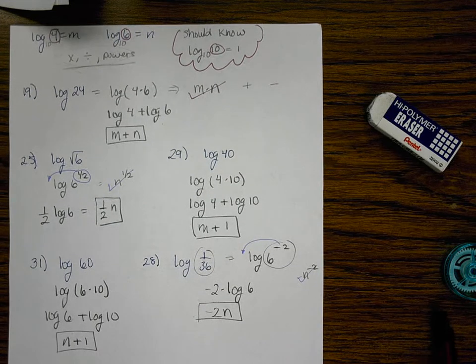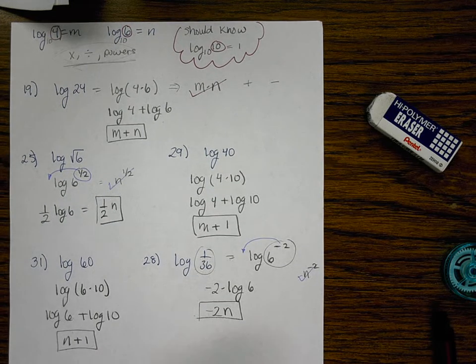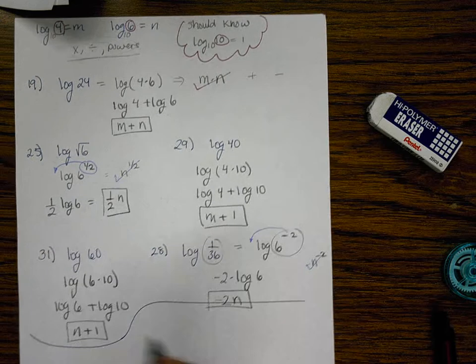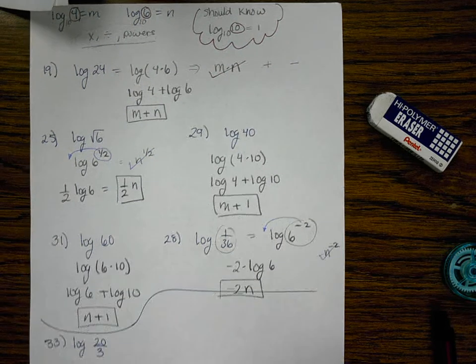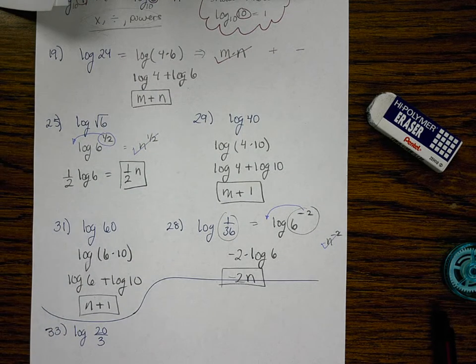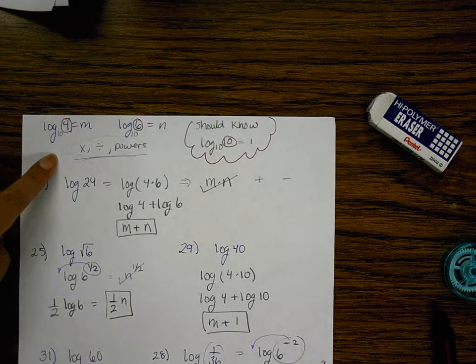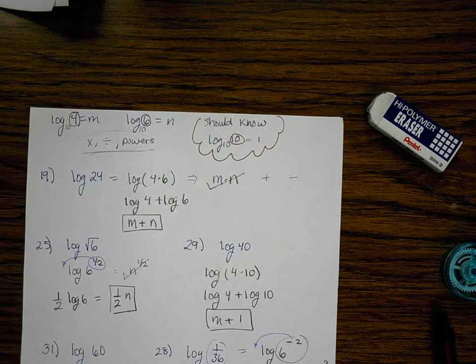All right, and lastly, I'm going to do number 33. Log of 20 over 3. All righty. Now this one's a little more complicated because how do I get a 20 out of 4 and 6 and 10 and or? And how do I get a 3?